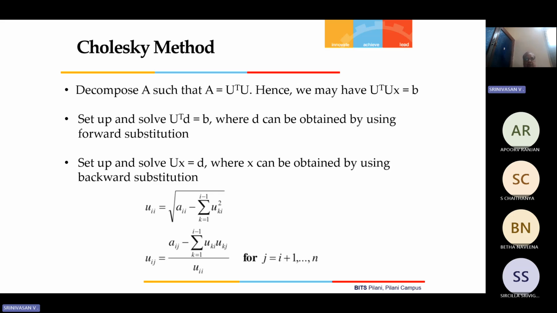Uij is equal to Aij minus the summation of Uki into Ukj, k equal to 1 to i minus 1, the whole divided by Uii, for j equal to i plus 1 to n. So this is the formula. When you practically do this, you will not have much summation, because you are dealing with a matrix of order 3 by 3 at most. You are going to see how.